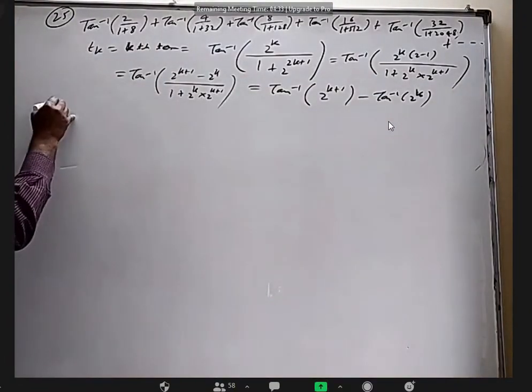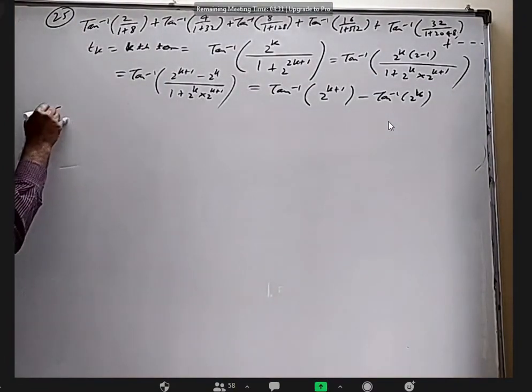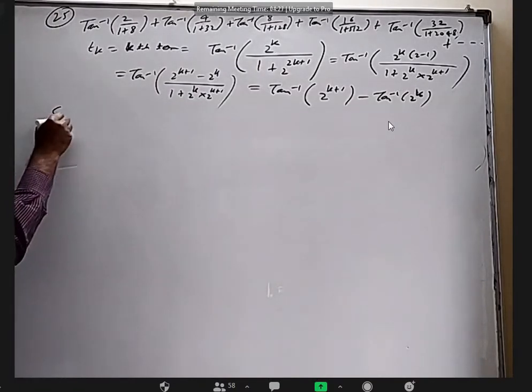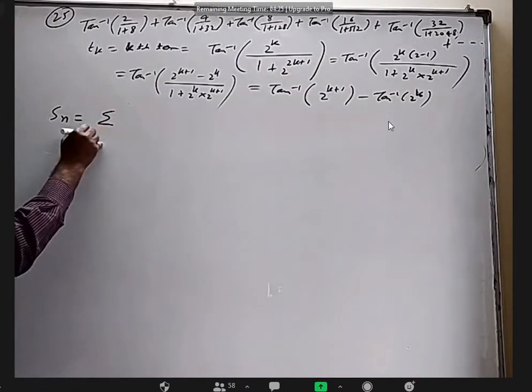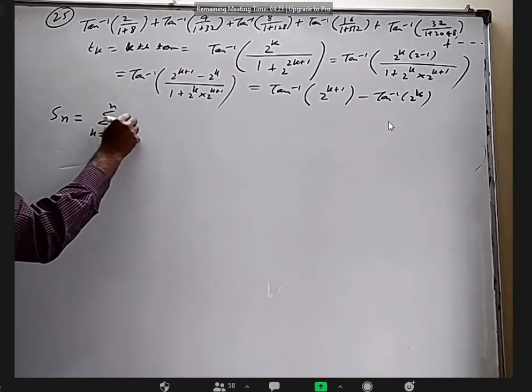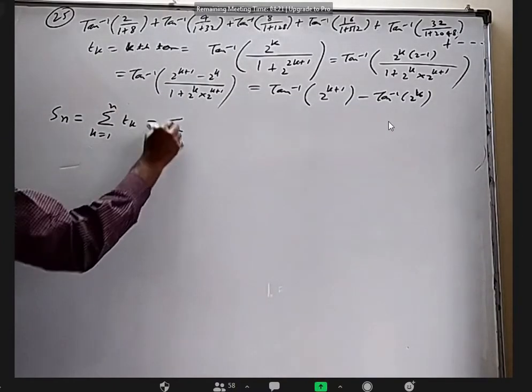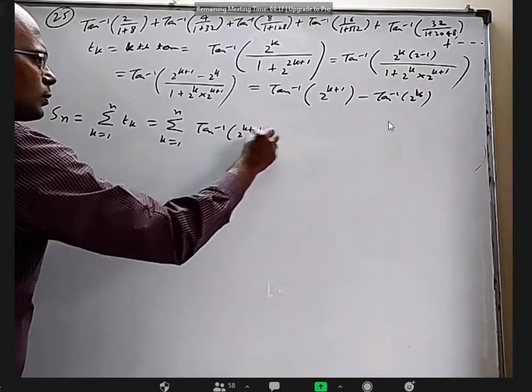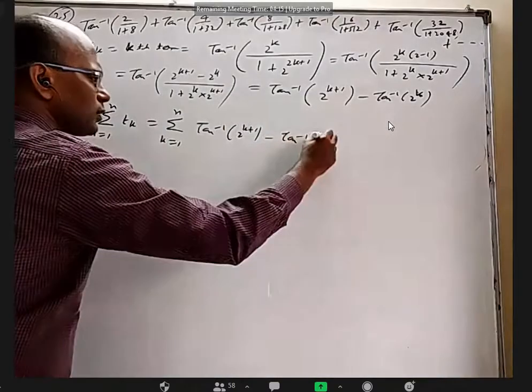Okay, now the question, this is Sn basically. The question, they want up to infinity here also? Yes. But let us try to find Sn is sigma k equal to 1 to n tk, which is sigma k equal to 1 to n tan inverse 2 power k plus 1 minus tan inverse 2 power k.